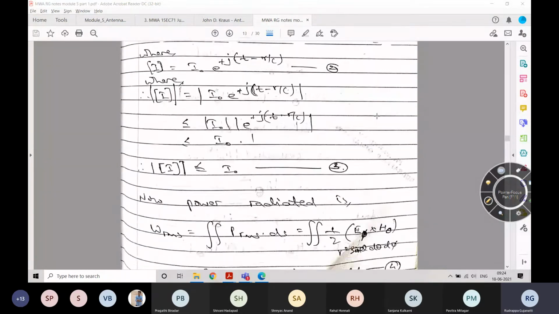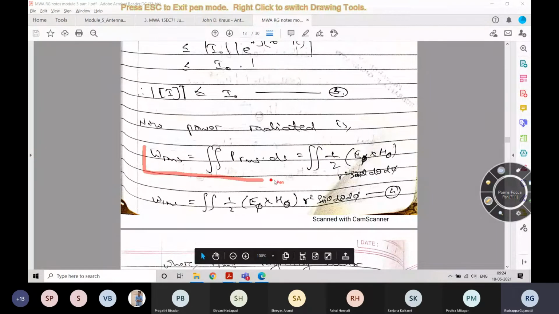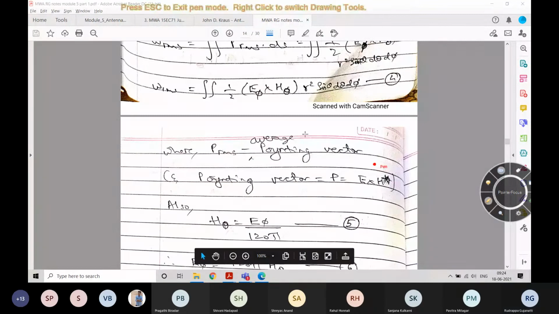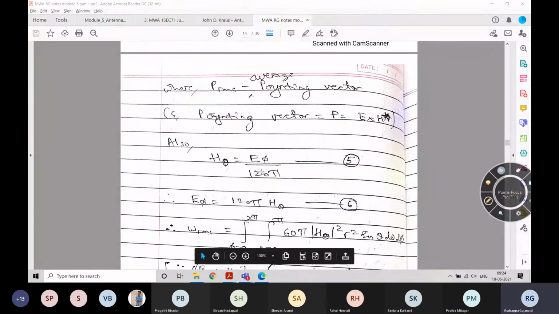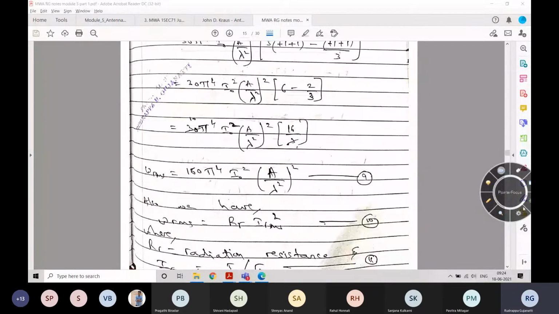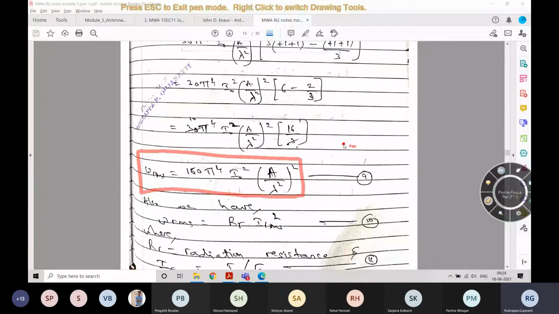We obtained the total power radiated when we know the average Poynting vector, sometimes denoted as SR. That is substituted over here and simplified, and when we simplify the entire parameter, we obtain the total power from the average Poynting vector, or the power density, given by equation 9.